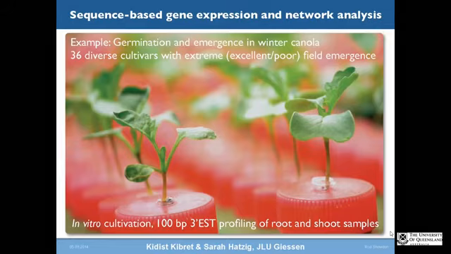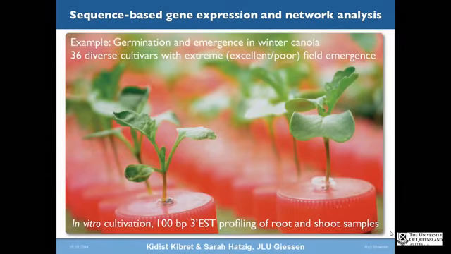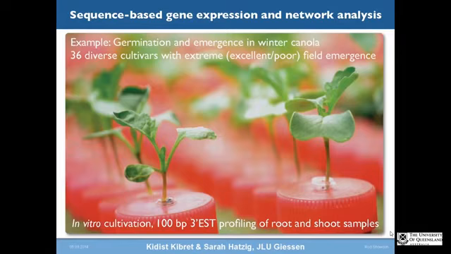transcriptomics. So in this case, we take canola plants and we've got a lot of field data, so we can select accessions which are very, very poor or very, very good under field conditions in terms of their germination and emergence. And then we can take these same cultivars and put them into an extremely artificial system.